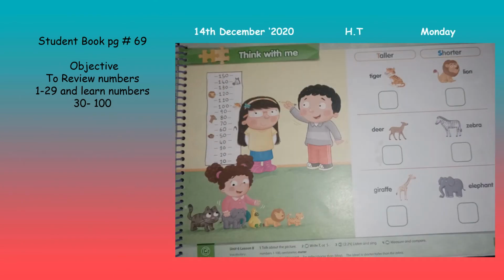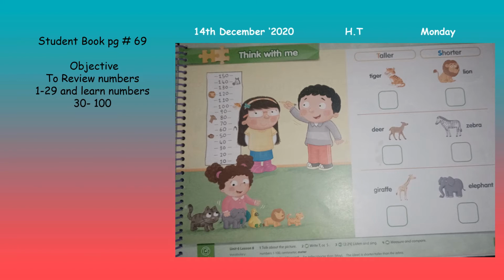Okay, children, now please open student book page number 69. Write today's date, 14th December. Write 14th, and then write December with capital D, comma, 2020.